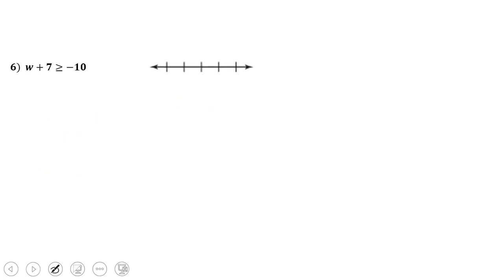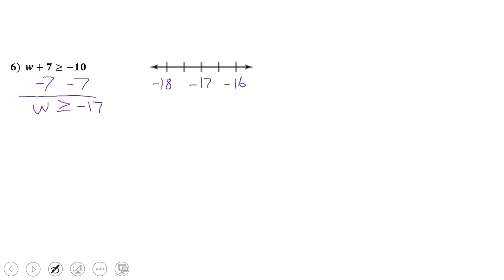Moving on to example 6, w plus 7 greater than or equal to -17. So my inverse operation is to subtract 7 from both sides of the inequality, and that will tell us that w is greater than or equal to -17. My variable is on the left. We're good to go. My target number, -17. One that's greater is -16.